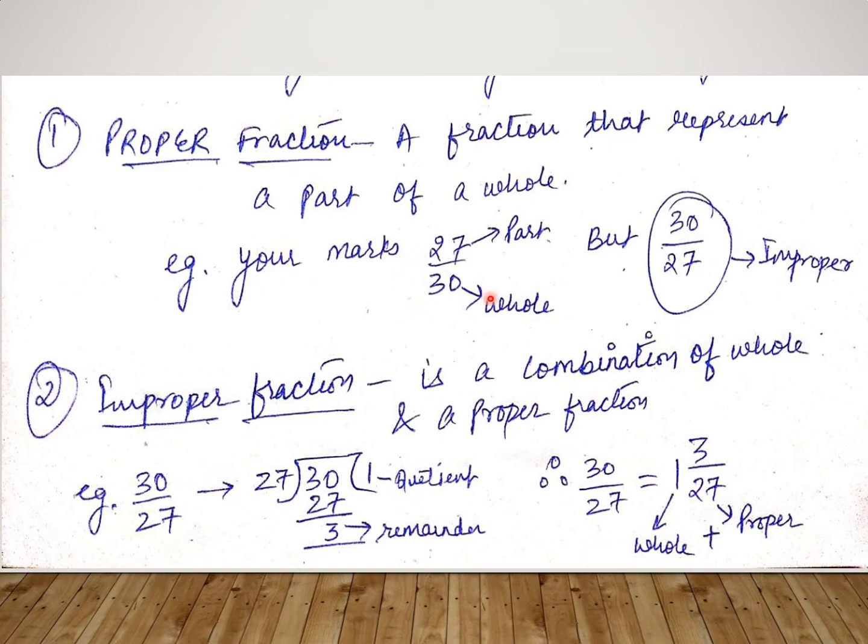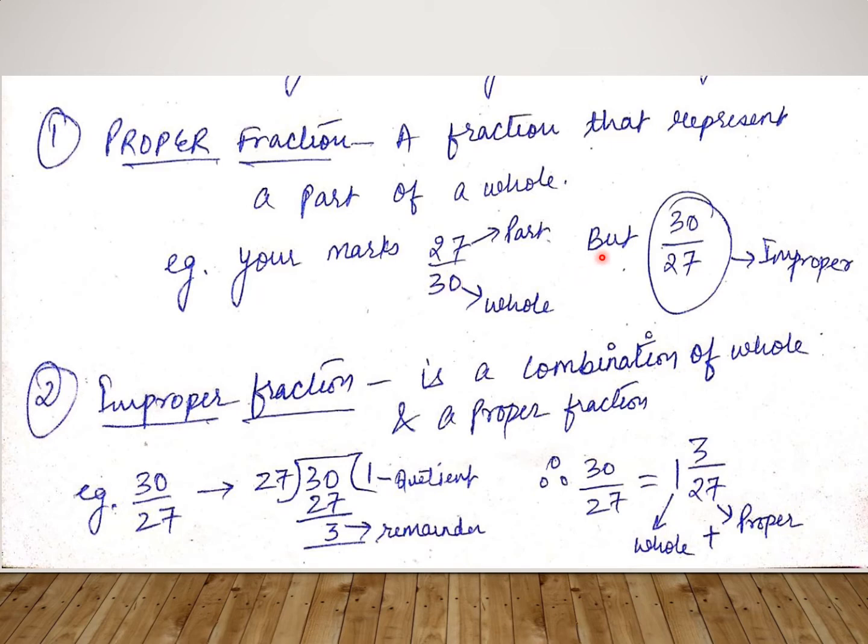So this 30 is the whole or the maximum marks. 27 is a part of it. So no issues here. We call such fractions proper fractions. One more hint I gave you in the last slide also, that if the denominator is larger than the numerator, such fractions are known as proper fractions.